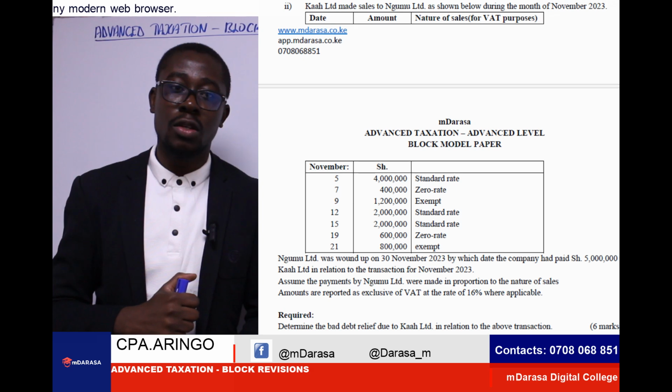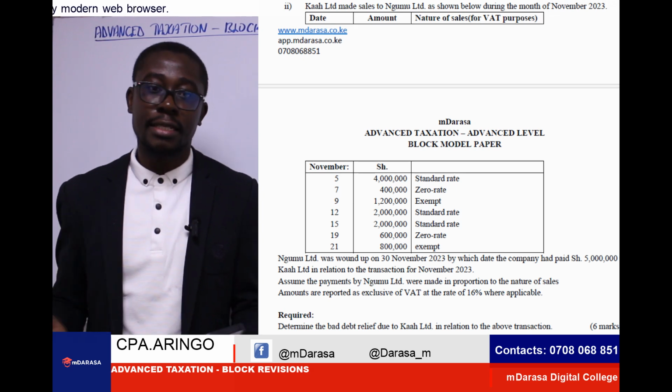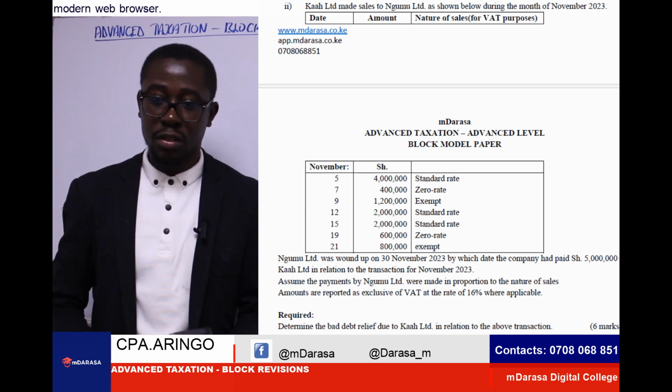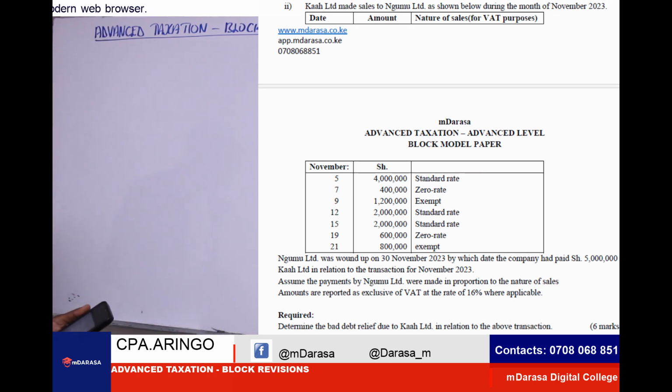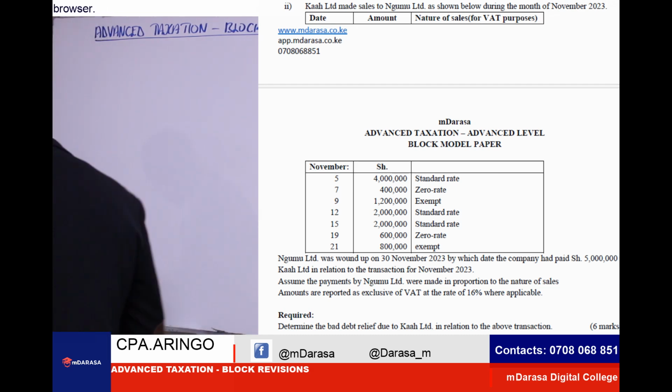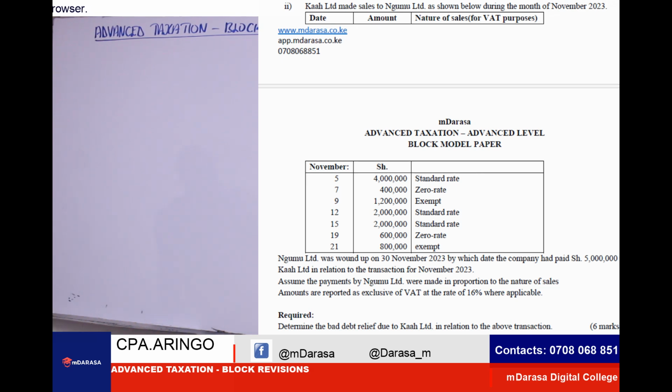Given that our values were exclusive, let us determine our total value inclusive of VAT. That will be your first step. This is what will always be required on that case. I want us to determine the total values of these items inclusive of VAT.